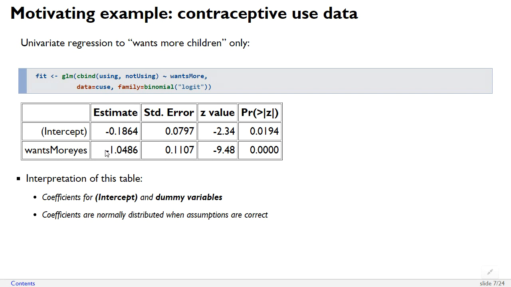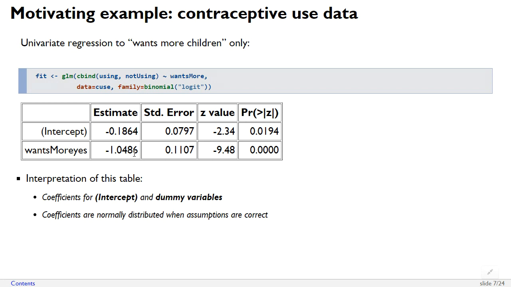So we have a negative coefficient for the group who wants more children, which means their log odds is lower, their probability is lower. So my intuition is telling me that that's a lower probability of not using contraceptives. Am I right? Or am I just mixing myself up? Using contraceptives. Okay, so less likely of using contraceptives.